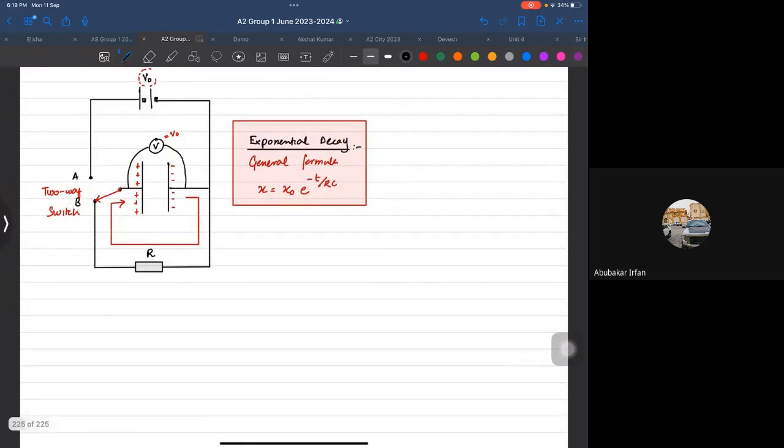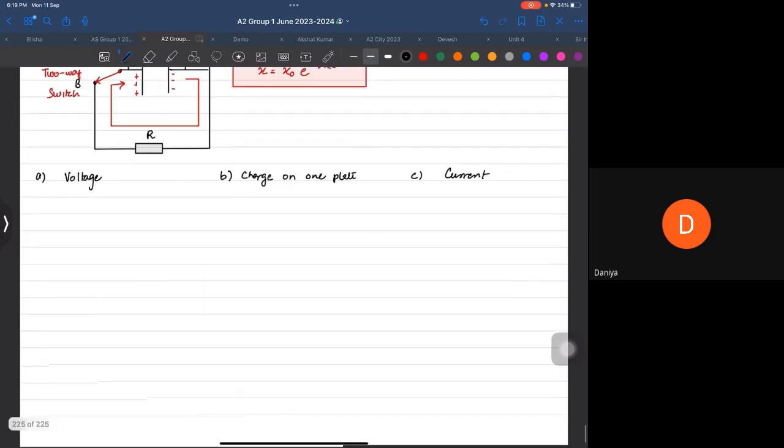So we have obviously the first one, the voltage graph for discharging. We have the charge on one plate graph, and then we have current. All right, is it clear, everyone? Okay.